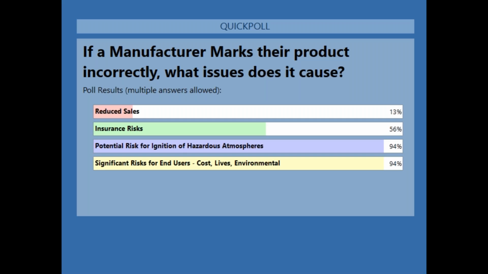And all of these risks are dumped upon the end user. They take all the risks on cost, lives, environmental, and occupational health and safety. So if you do something wrong from the beginning, not only are you losing money, but you may lose money in the future after people die. Unfortunately, that has happened.